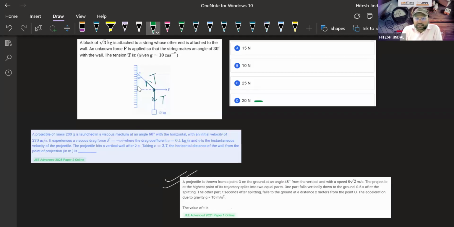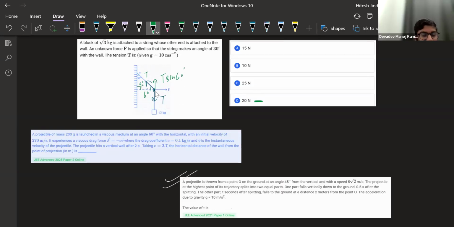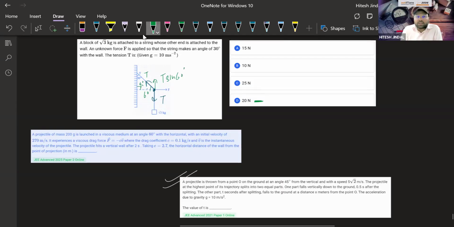If this is 30 degree, this is 90 degree. What is this angle? 60 degree. If this is 60 degree, what is this component of this tension? T sin 60, right? So now you see one thing. There is no other force here, on this much point of the string.